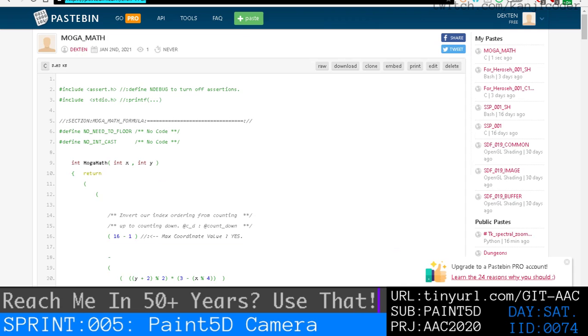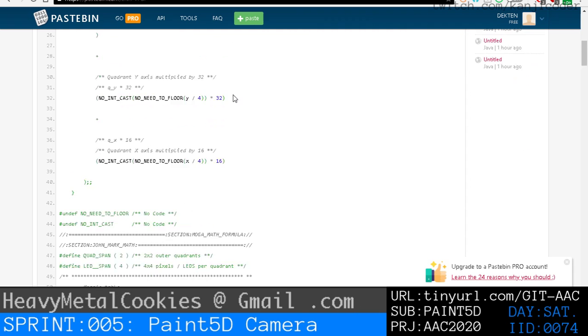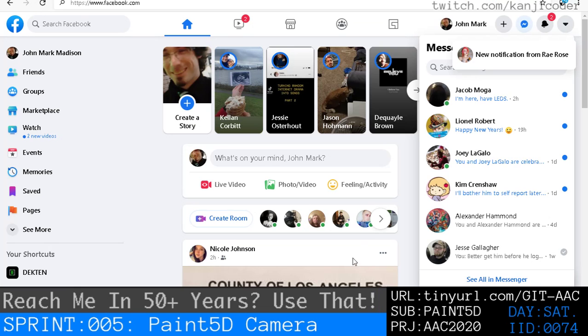We'll copy this. We'll call it a Moga Math paste bin. And then we'll show this to him because now we got something for him, right?